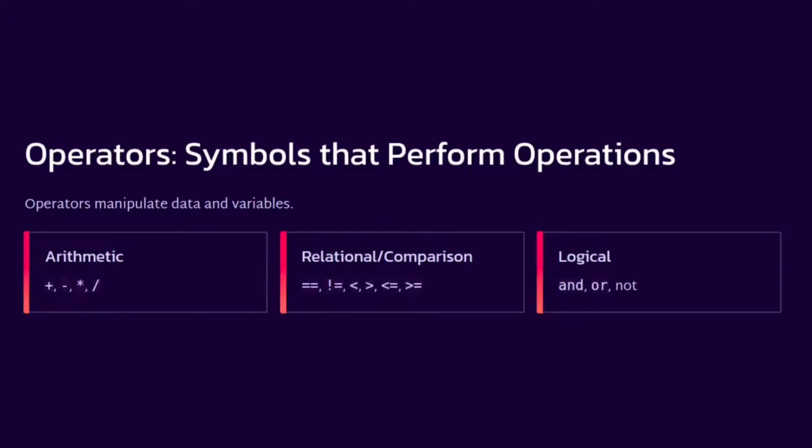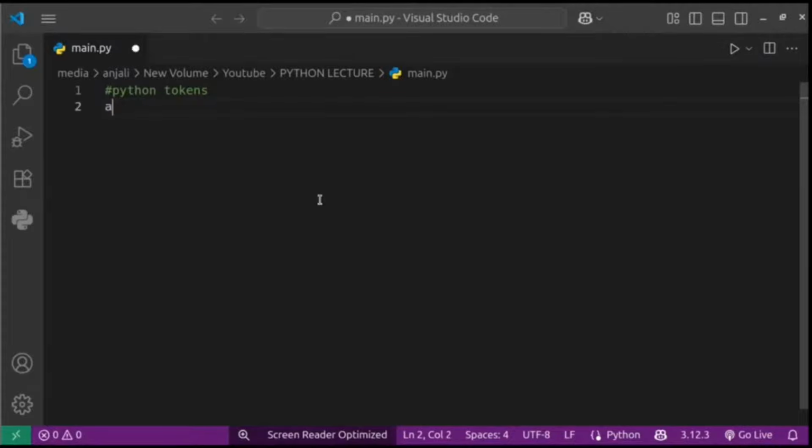Now let's see an example and sum up everything about Python tokens. I'm taking a small example where I'm taking a variable as a and adding two numbers. So here a is the variable name, which we call the identifier.